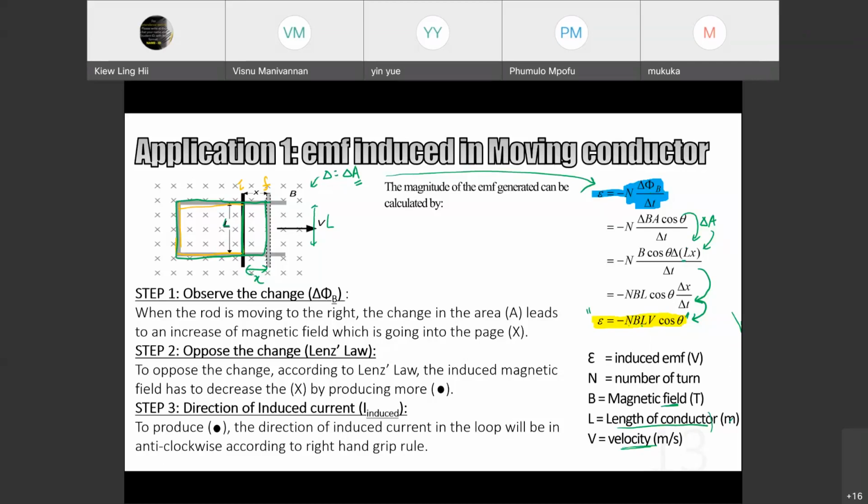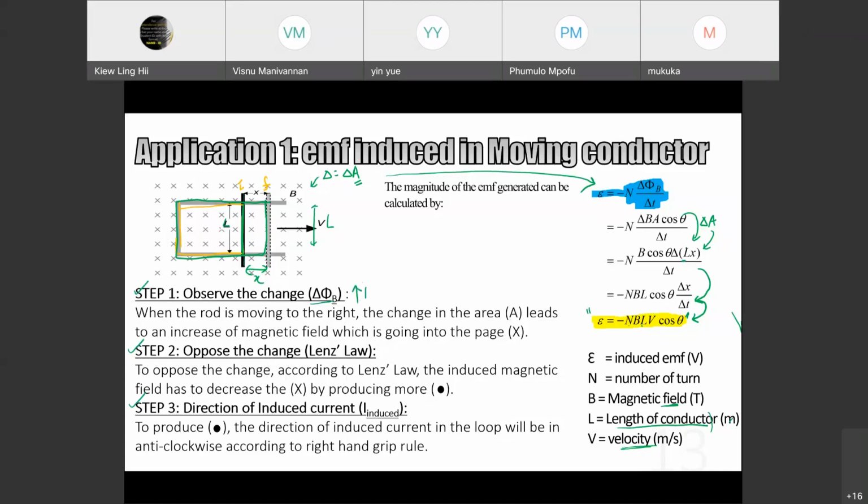Now to determine the direction, again by using the 3 steps for Lenz's law. The first step is to observe the change. Looking at this diagram, when the rod is being dragged outside, what is the change? There is definitely an increase of the magnetic flux.